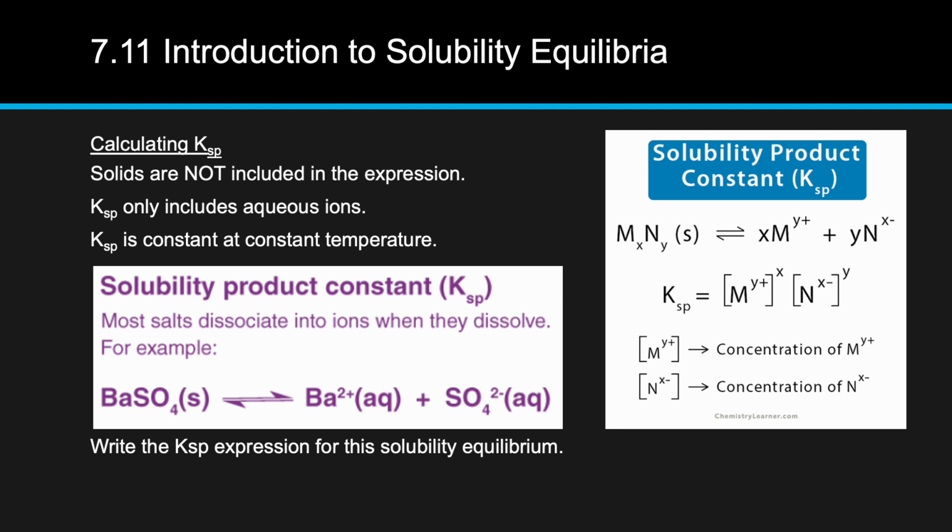So it's going to be very similar to the others, except we are not going to have any reactants in the denominator because the only reactant we have is a solid. So it'll just be Ksp, and then it'll be our two products. So Ba2+ raised to the first power, since we have a coefficient of 1, times SO4 2-, or sulfate, again raised to the first power. So that would be our answer for this question.